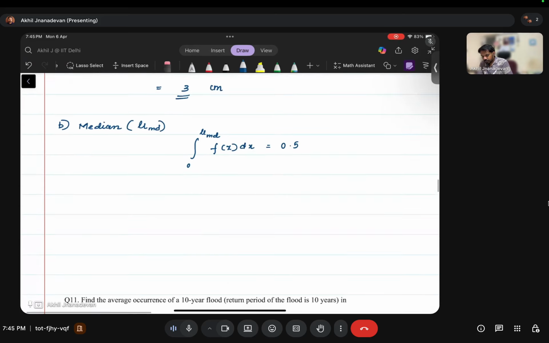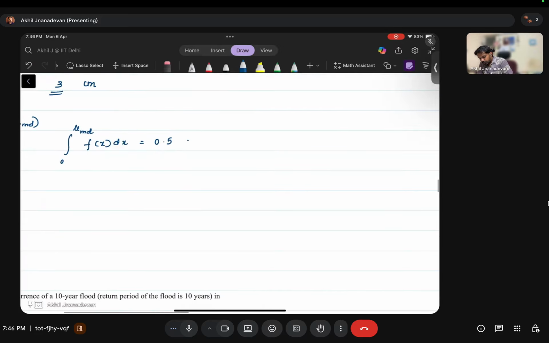So here, what we can do is, we can substitute for this. So 3 by 2500 integral 0 to mu median x minus 10 into x minus 20 dx will be 0.5.